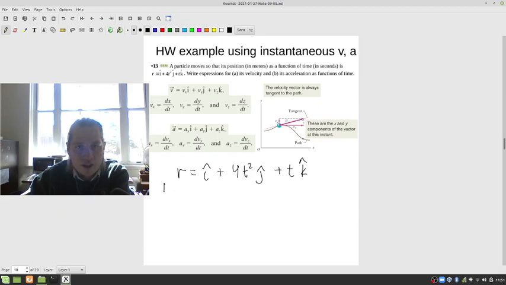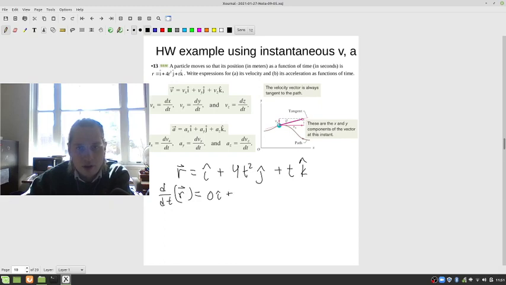If I wanted to take the d dt of that r, well, i is not a function of time, so the derivative of a constant would just be 0.